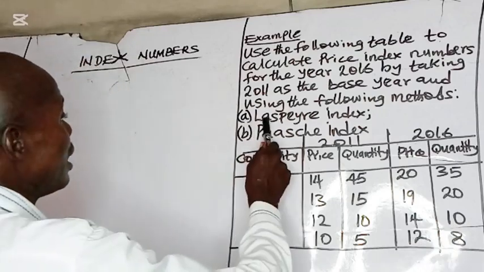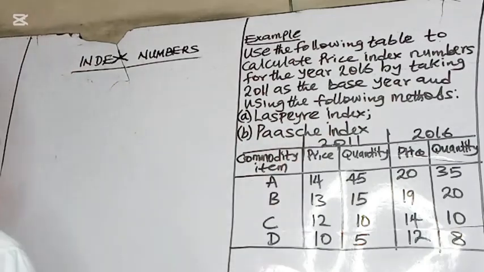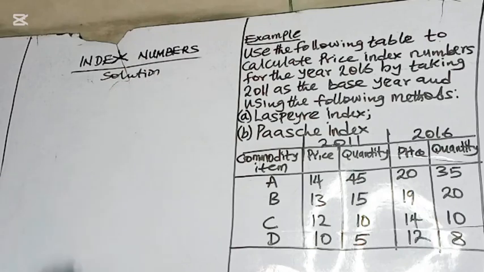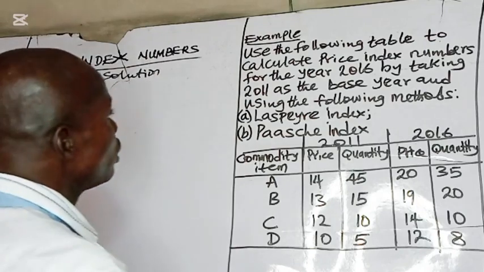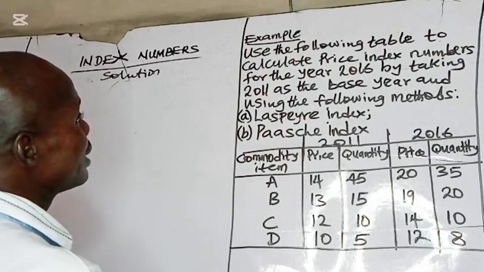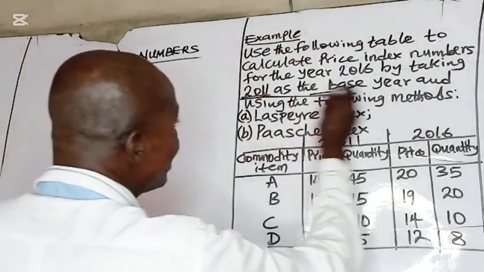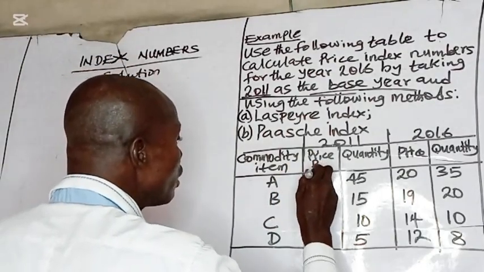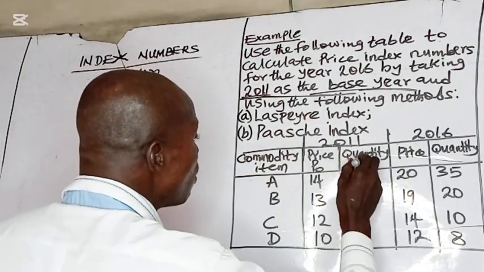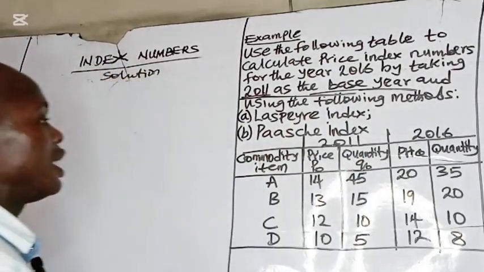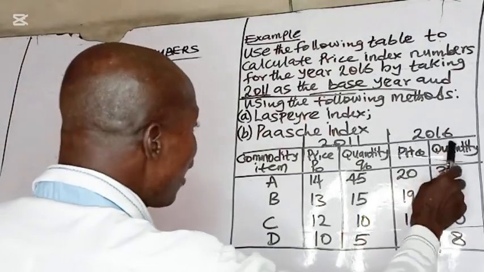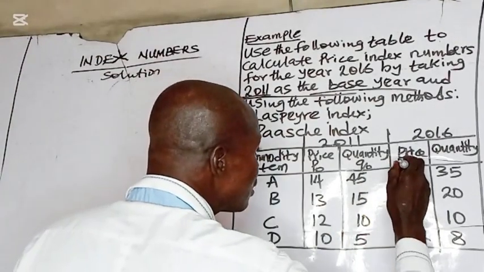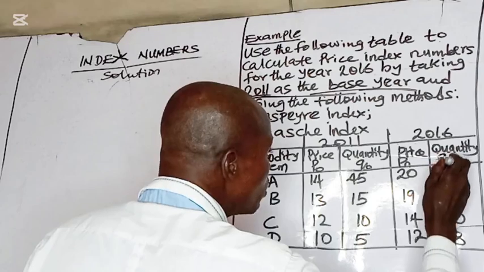So you want to calculate the Laspeyres index. Now let's have the solution to the question. Since you are to take 2011 as the base year, the price for 2011 will be PO, while the quantity for 2011 will be QO. Then the current year is 2016, therefore you take the price to be PN, while the quantity is QN.